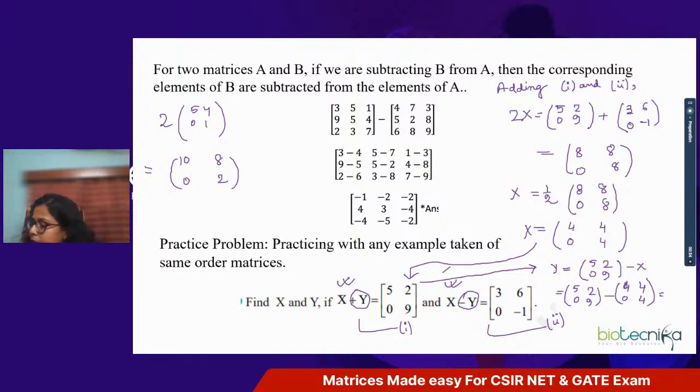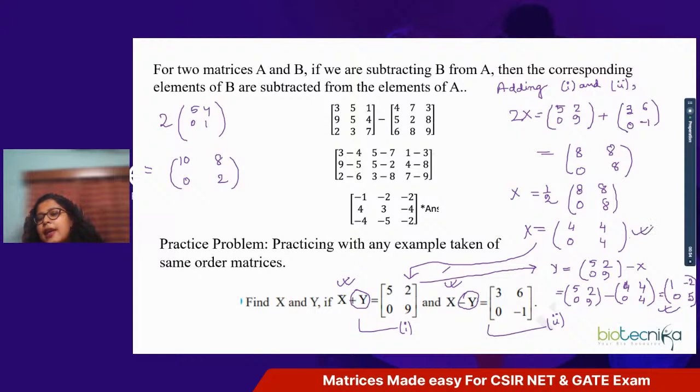Okay, let us do 5 minus 4 is 1, then 2 minus 4 is minus 2, next 0 minus 0 is 0, 9 minus 4 is 5. Okay, so this is the final value of y we are getting.